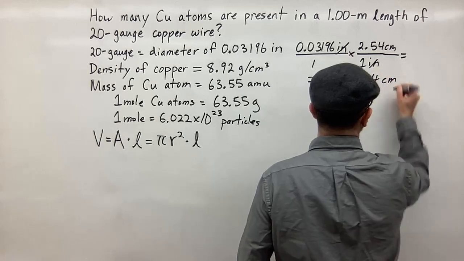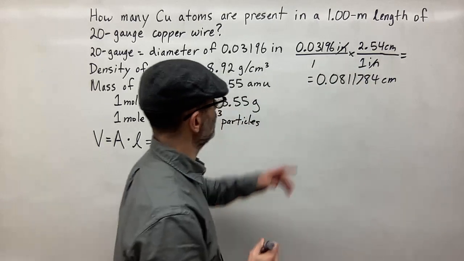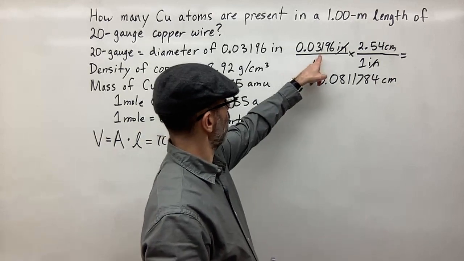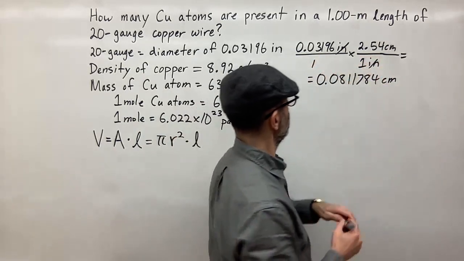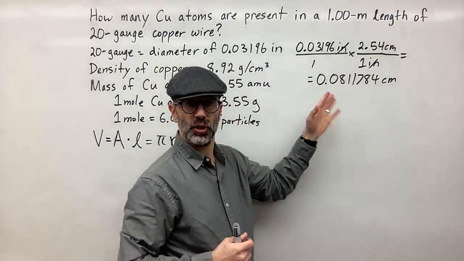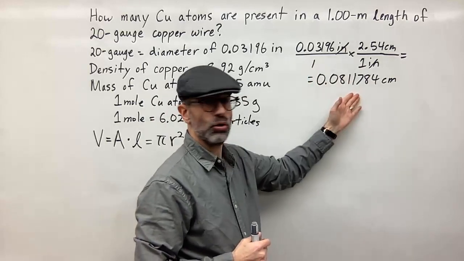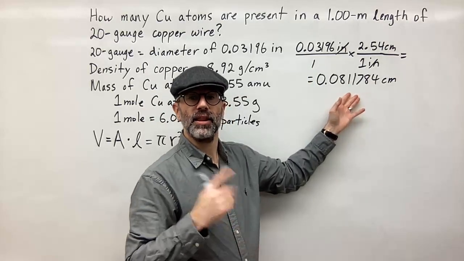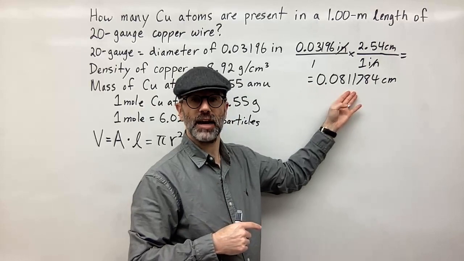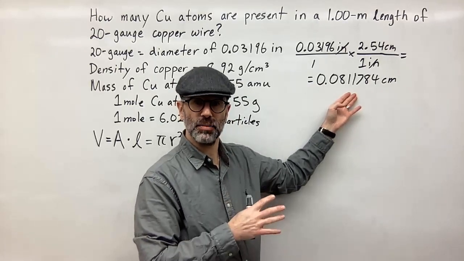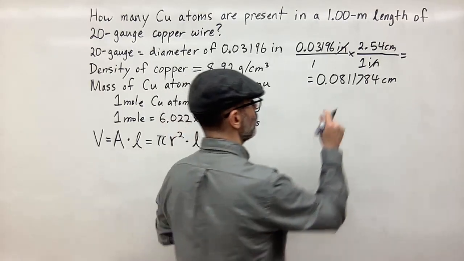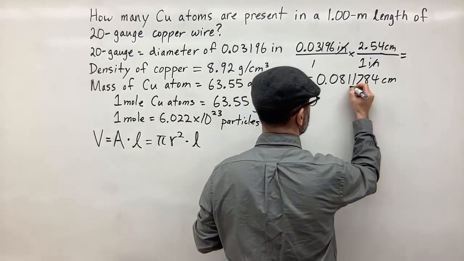Now, according to sig figs, here I have 4 sig figs. Here I have 3. So again, the rule is if you're multiplying and dividing, then your answer should have the same number of sig figs as the least number. The least number here is 3, so I'm going to do 1, 2, 3.